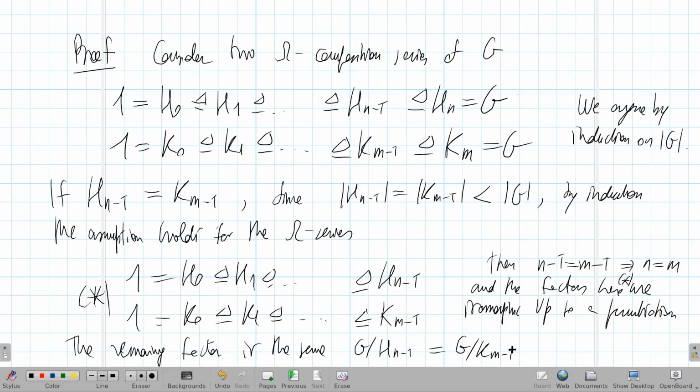Okay, and so we proved this. The top factor is the same for the two series, and by induction I restrict to this, and the factors also are permuted, and it has the same length. So this is the case when these two terms are the same. Perhaps I'll copy this to the next slide, okay.